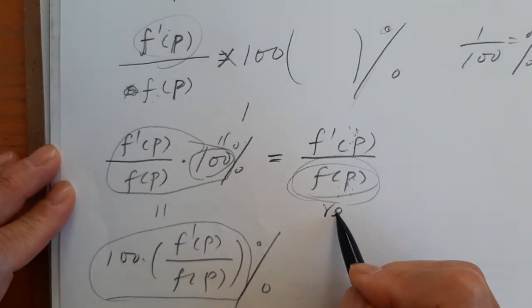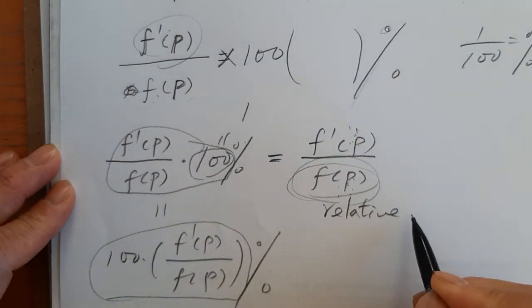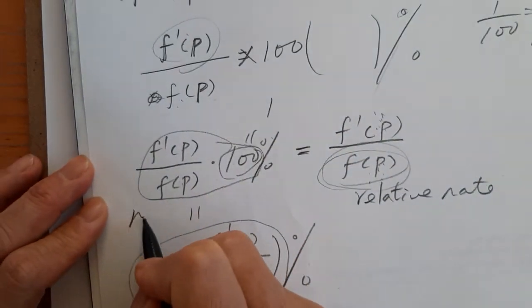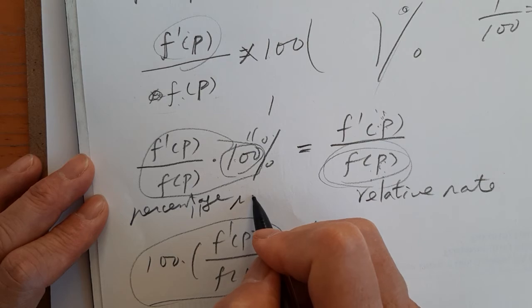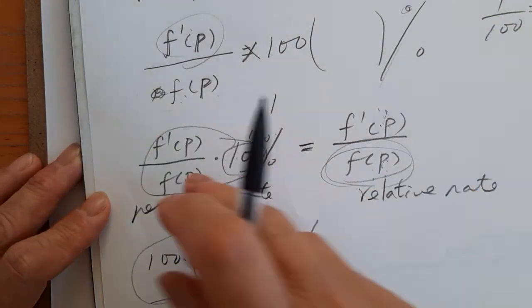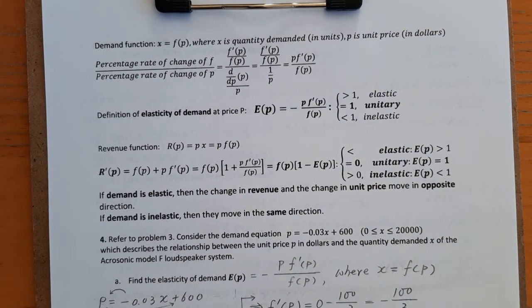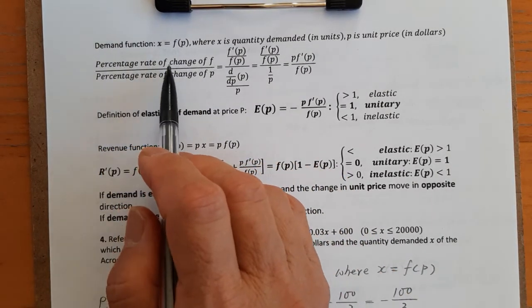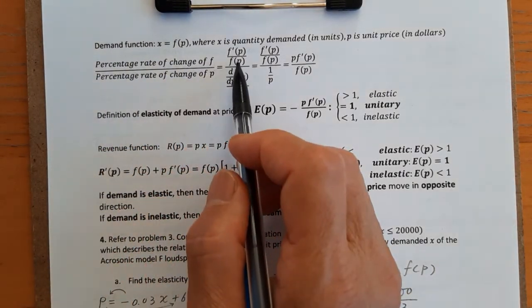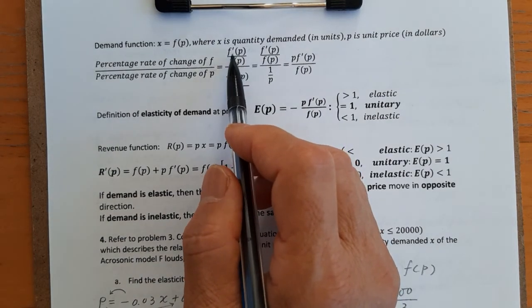This we call the relative rate. This we call the percentage rate. We use it to change to percentage. And they are equal. This one is represented by percentage. So the percentage rate of change is the same as the relative rate of change.